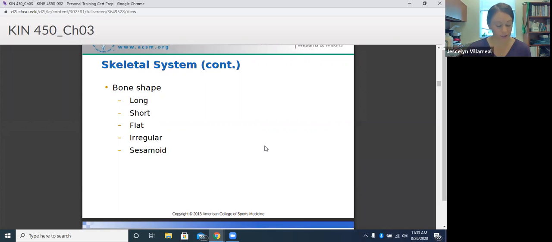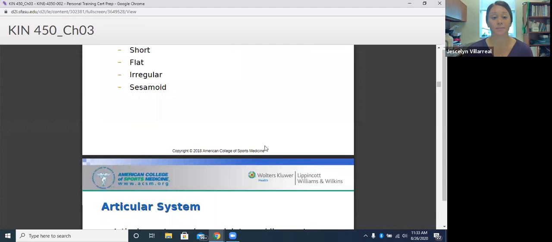You've got irregular bones that are oddly shaped, like any of your vertebrae, or your sacrum. And then you have sesamoid, which are found within the tendons and the joint capsule. So sesamoid, think sesame seed. An example of that would be your patella.